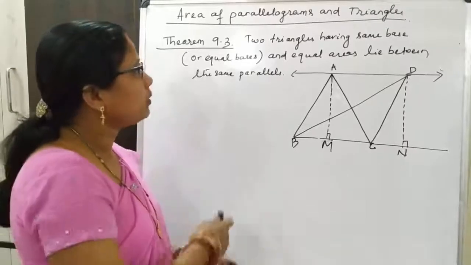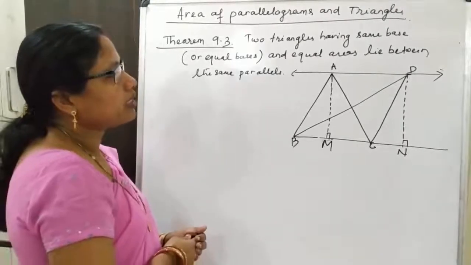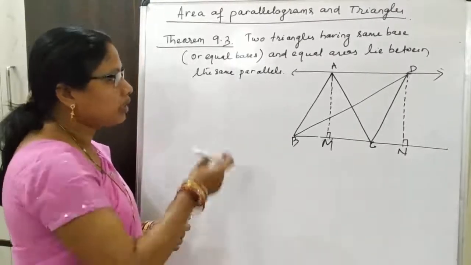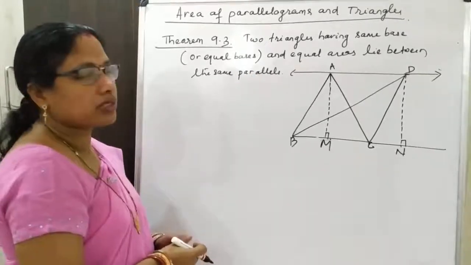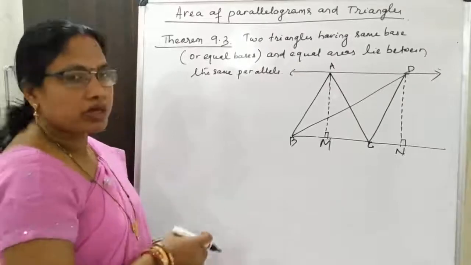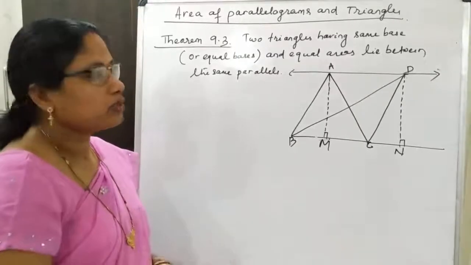Next, theorem 9.3. Two triangles having the same base or equal base and equal areas lie between the same parallels. So this is the converse statement of our previous theorem.